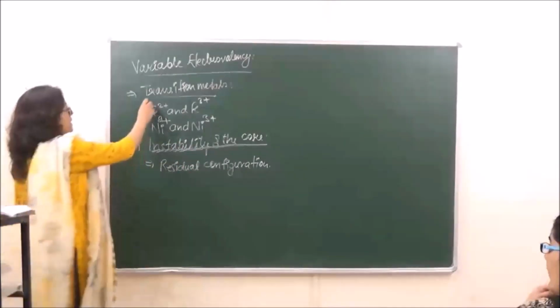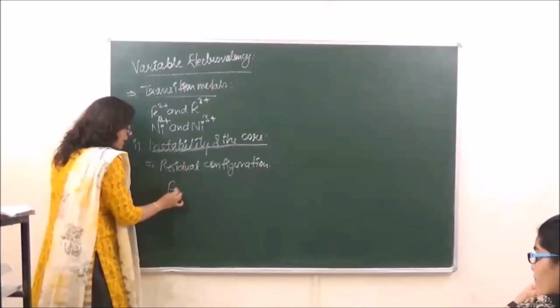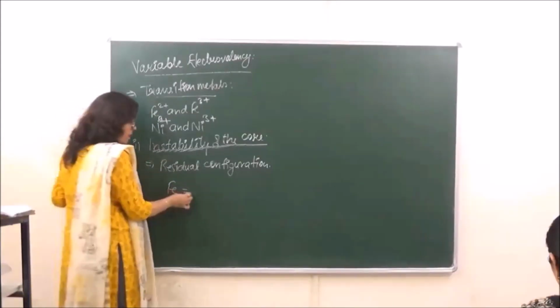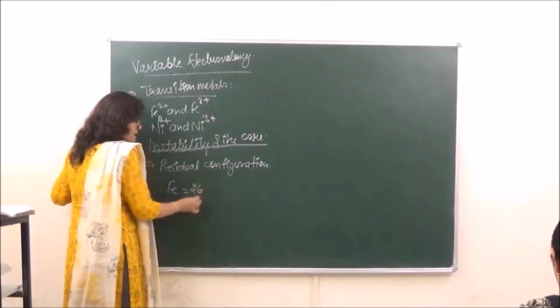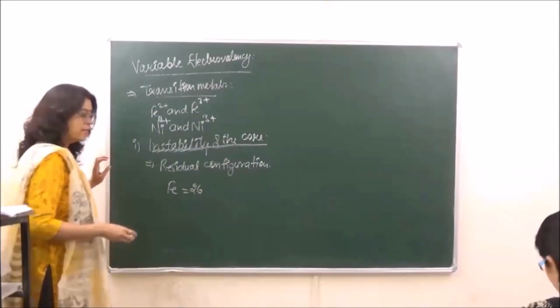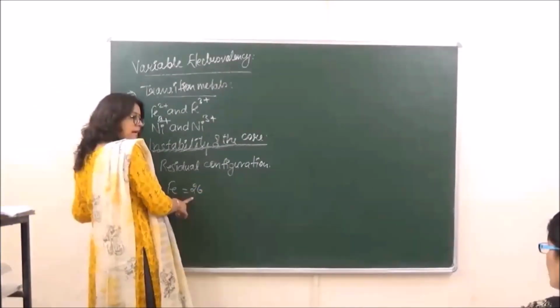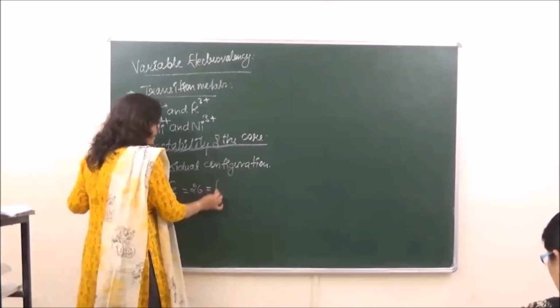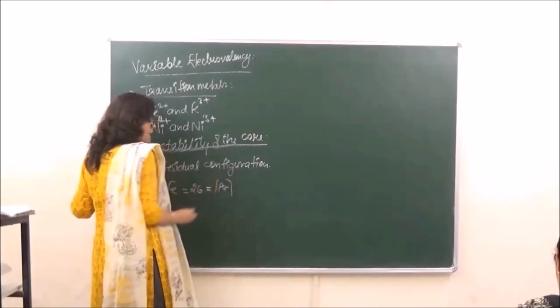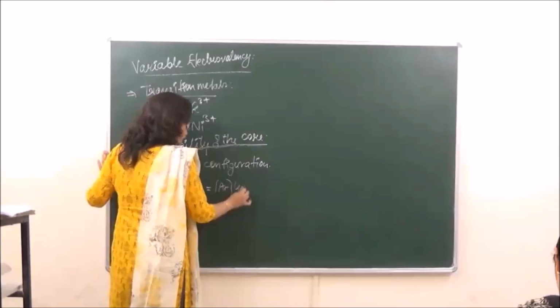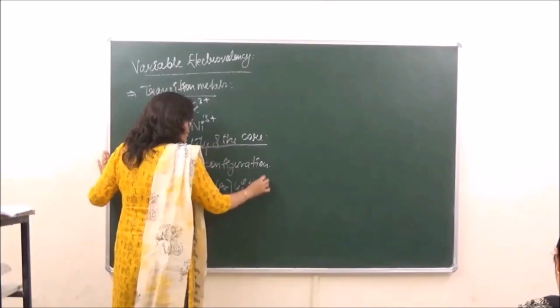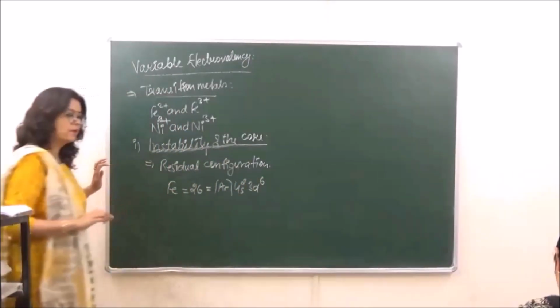For example, let's take these two ions. We take the iron atom with atomic number 26, and the electronic configuration is argon 4s2 3d6.